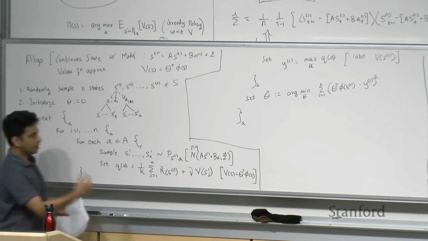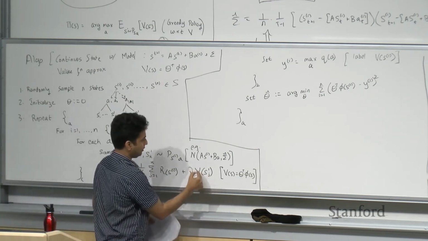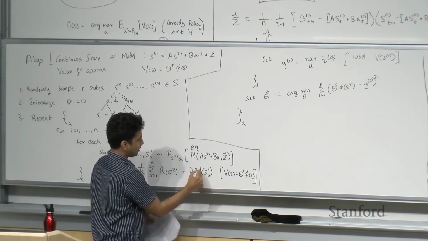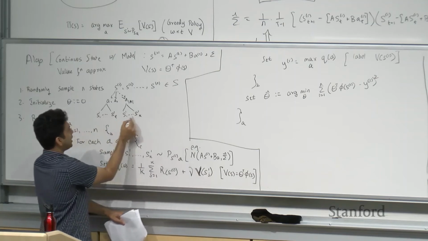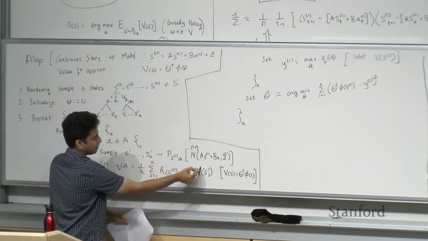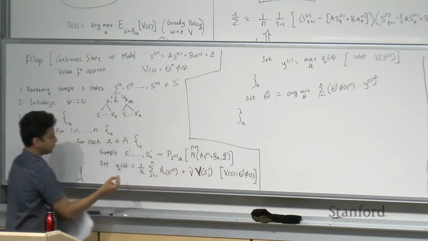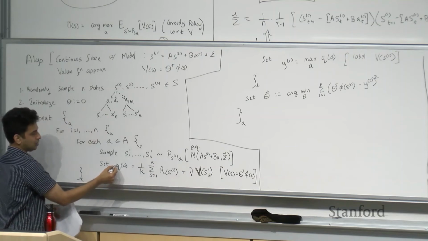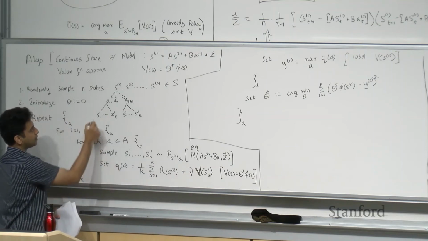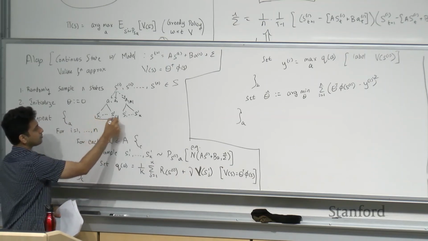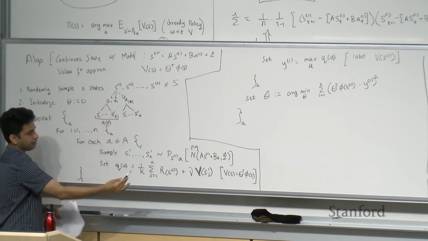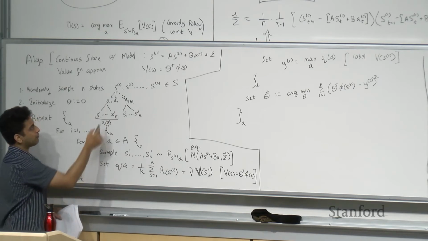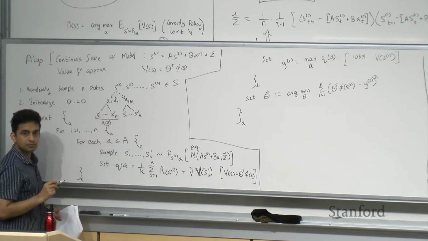Using the evaluation of these states under the current estimate of the value function, we're going to construct this Q value as the expected value of taking this action.